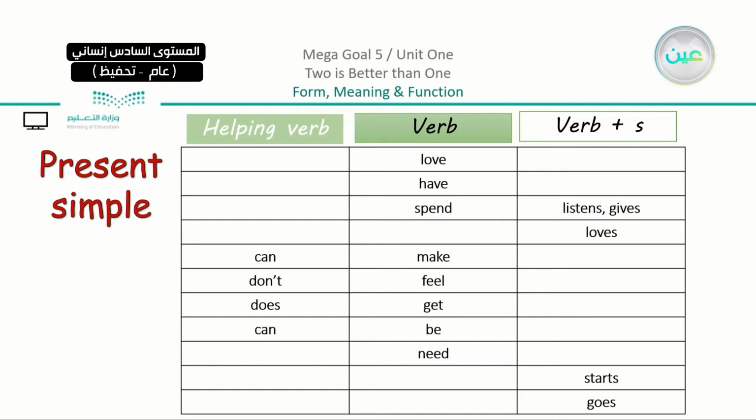We can use it also in questions. We can use it also if we want to give an extra meaning, for example, ability: she can make. We can also use it if we want to emphasize, like when we took the emphatic do before. So we have here, for example, she does get on my nerves. This one was the emphatic do. So the helping verb in general gives you an extra meaning, and it depends on what meaning you want.